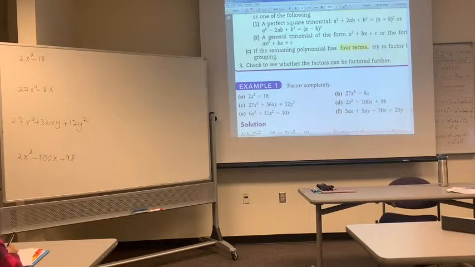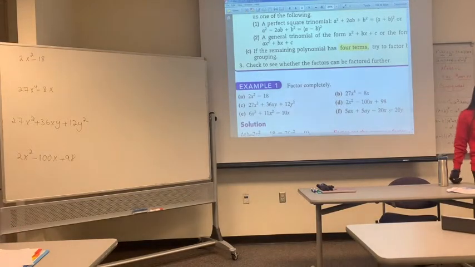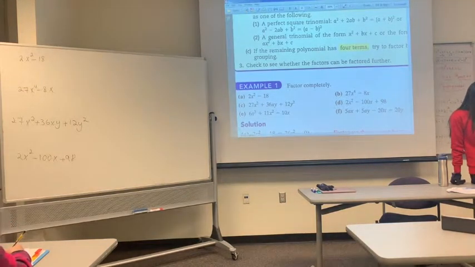This is also 9 multiplied by 4, and this is 3 multiplied by 4. So 9 has 3, this one has 3, and all of them have 3. So first, bring out the common factor. That makes everything much easier for you. Okay? I understand the complicated ones, but these are really simple ones.